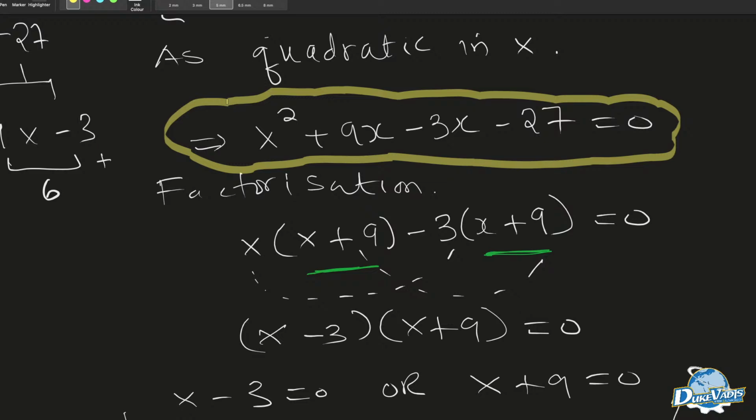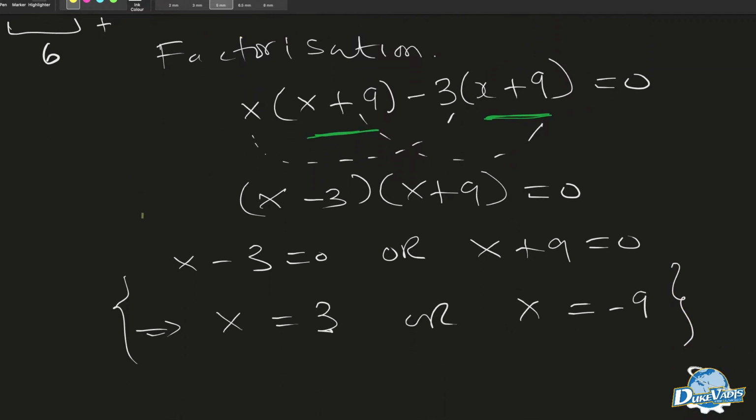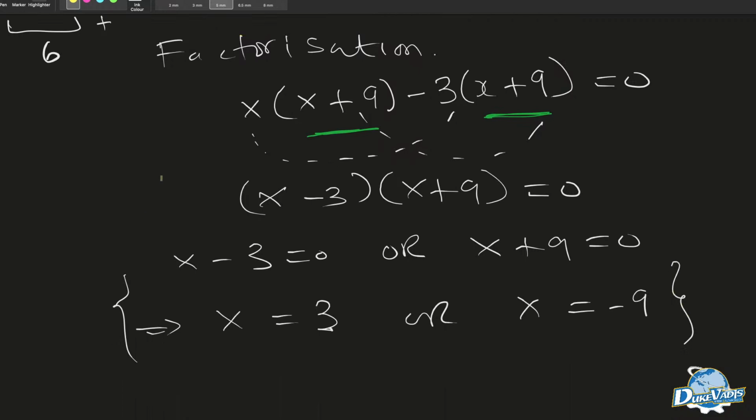That helped us to pull the common ones aside. So we see that x minus 3 go together and x plus 9 is common. Then we go to this point where we say (x - 3)(x + 9) equals 0. Then we were able to find our answer.